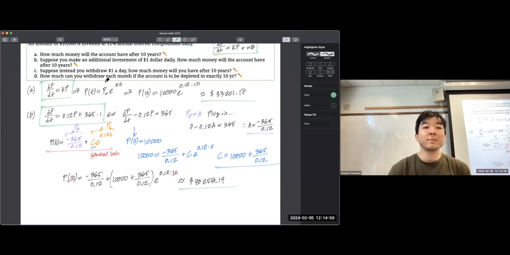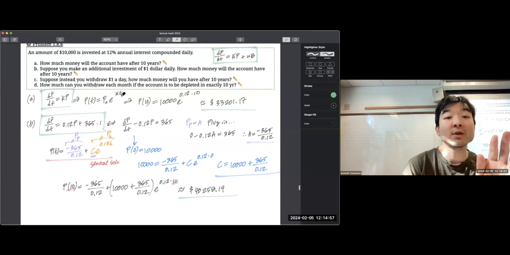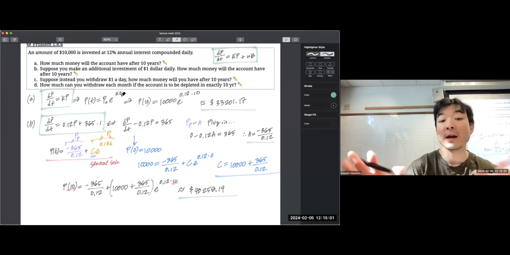So it's a harder problem, because this first one was just if you had your money put in your account and you don't deposit anything, you just let it stay in your account and have interest compound. It's this very simple model here, and it just results in it tripling, because 10,000 becomes 33,000.